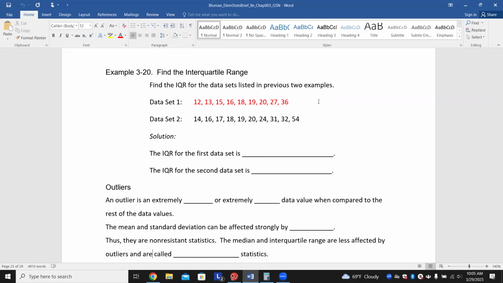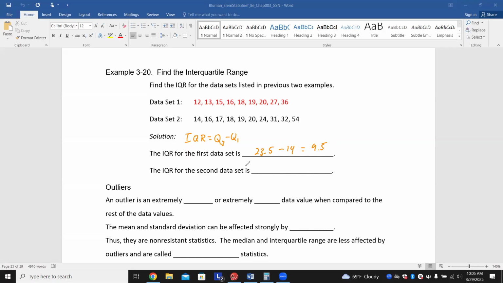So if we pull our data for the first set, I'm going to do IQR one more time. It's going to be Q3 minus Q1. So my Q3 for the first data set was 23.5. And then for my first data set the Q1 was 14, which then gives me 9.5. So my IQR range is 9.5.